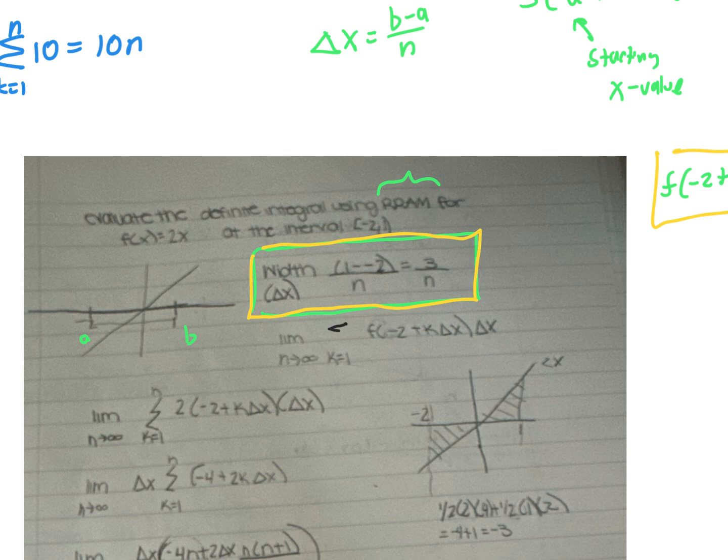Like this is going to be the answer with an n on top. Okay. So essentially, what you'll be doing is this sort of summation where it's that function thing times the delta x, okay, times the delta x.